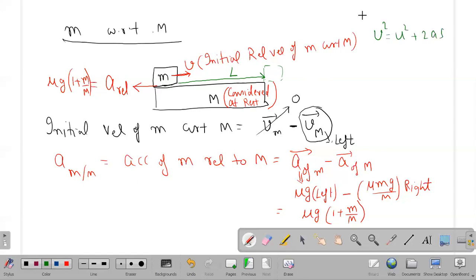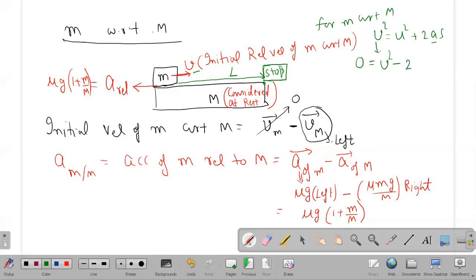That equation can be used for small m with respect to capital M. Under the critical condition, I will assume that this mass small m stops just on the right side edge of the mass M. So v square will be considered to be 0. Then u square, which is the initial relative velocity, is v square. And because acceleration is opposite to the velocity, you will consider a negative sign in this expression.